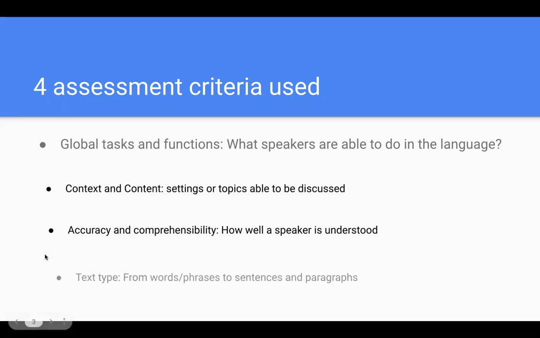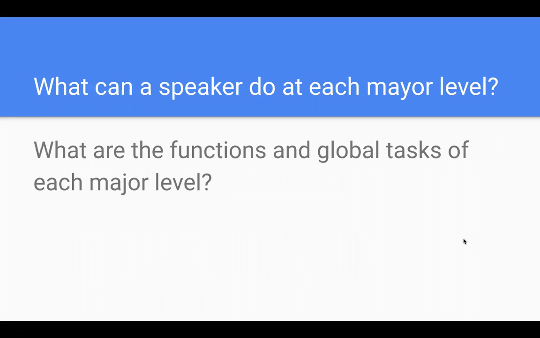And finally, text type, which can mean from words and phrases to sentences or simple sentences or connected sentences to paragraphs and connected paragraphs, right? As you go on, but mostly to paragraphs. That's where we're going to start our level.